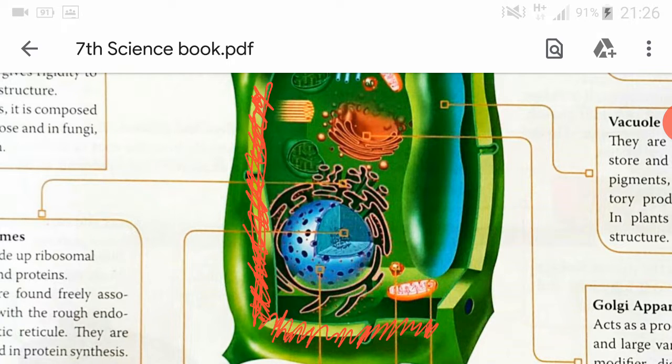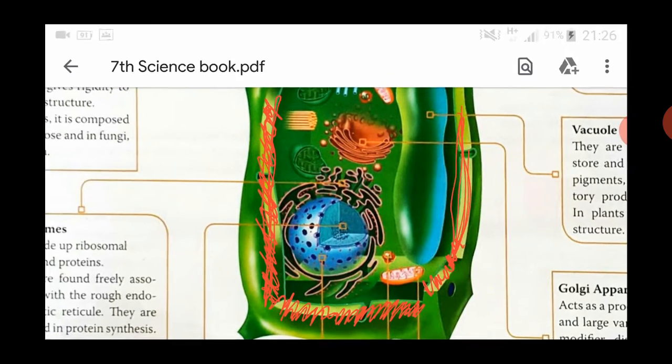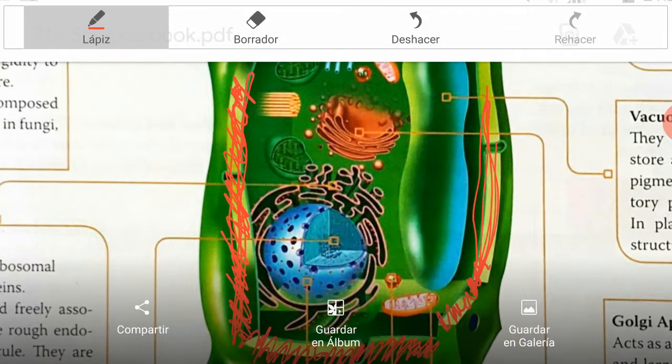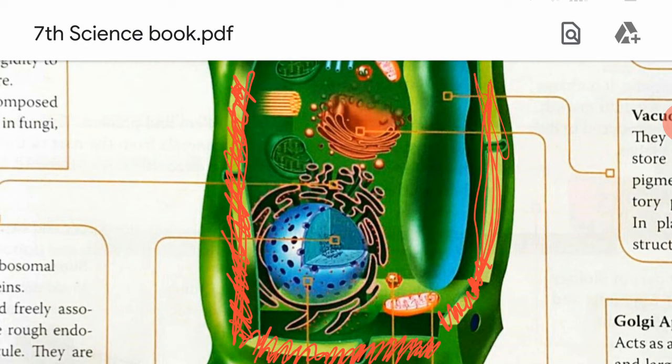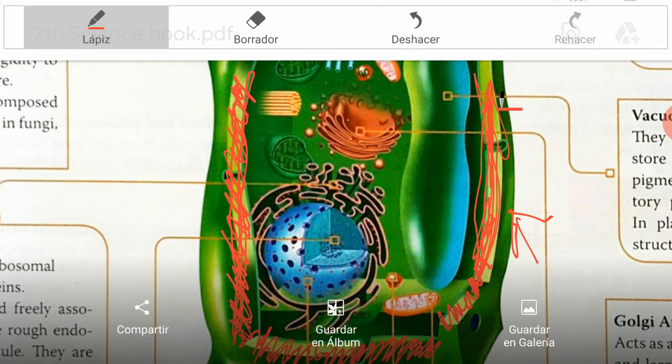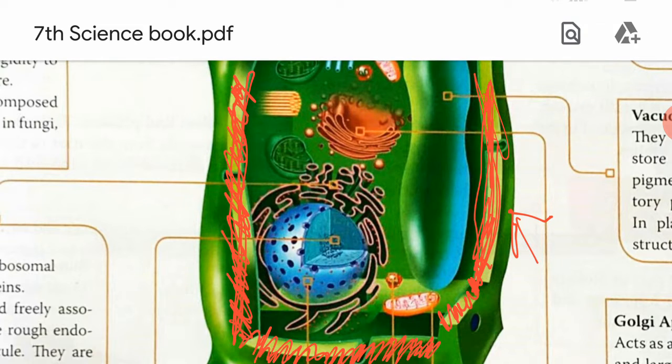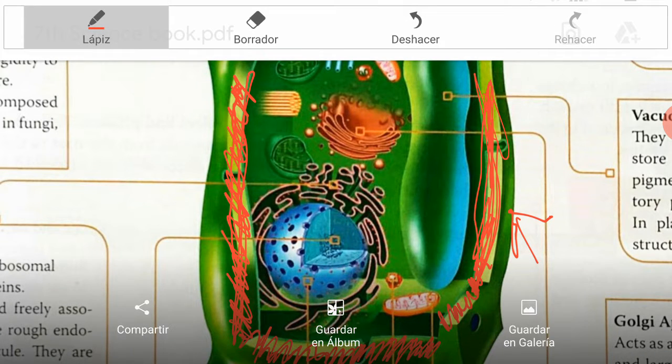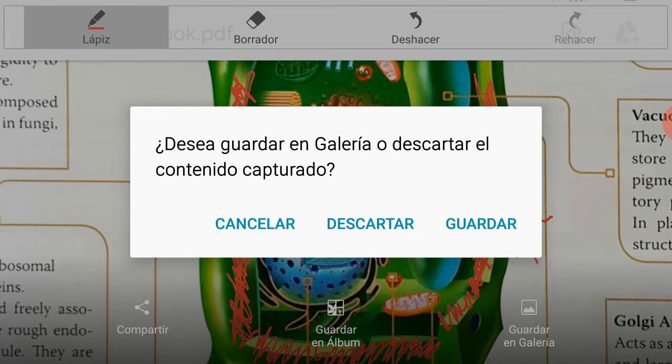For that reason, it has a rigid structure and gives the opportunity for the plant cell to be harder than the animal cell. Yes, the plant cell has, of course, a protective layer, the cell membrane. It's external right here, but internally it has the cell wall and it provides a better structure for the plant cell. So that's a big difference.